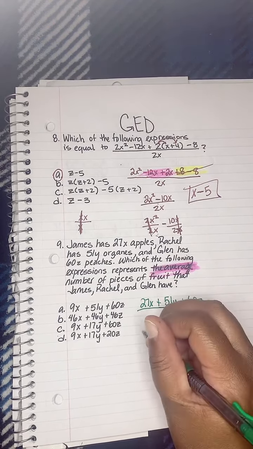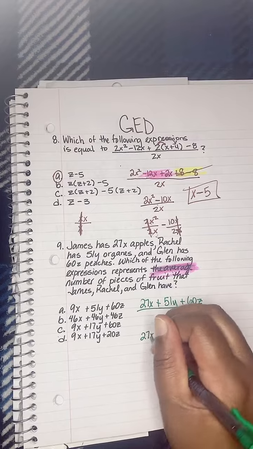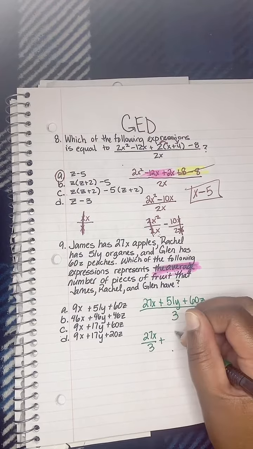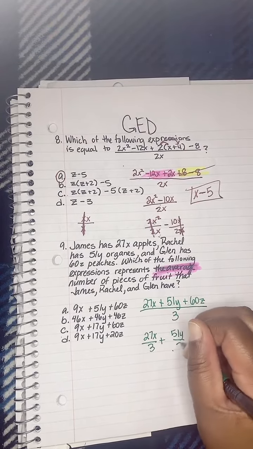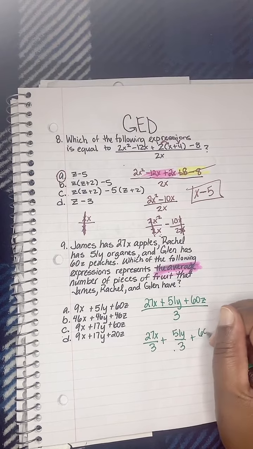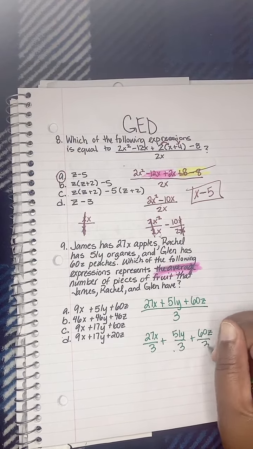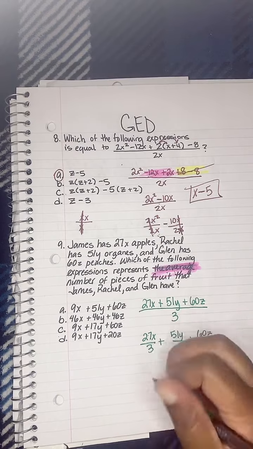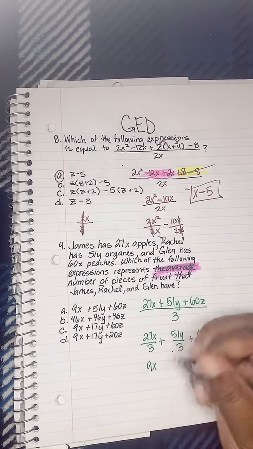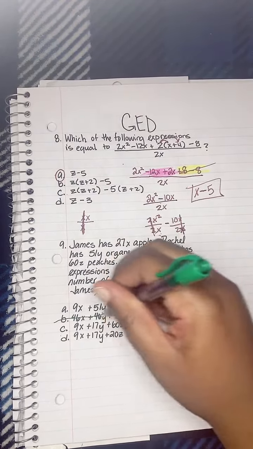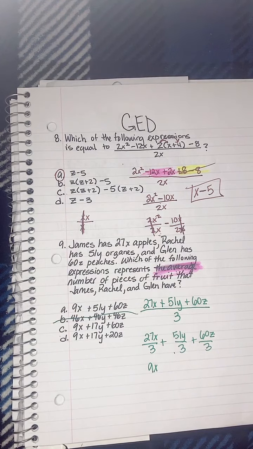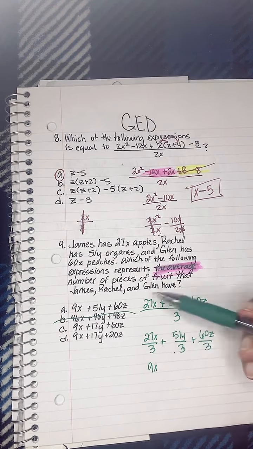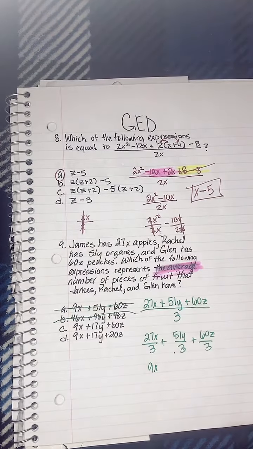So we have to divide each one of these by 3. Let me just break it down even further. We're going to divide this by 3, this by 3, and this by 3, okay? So 27 divided by 3 is 9x. As soon as I see this, I know B is out. 51 divided by 3 is not going to give us 53, so A is out.